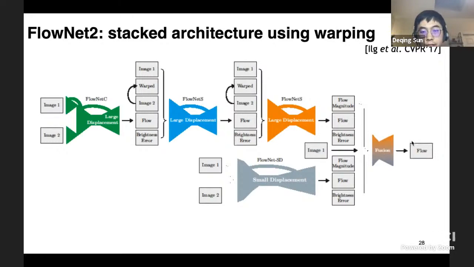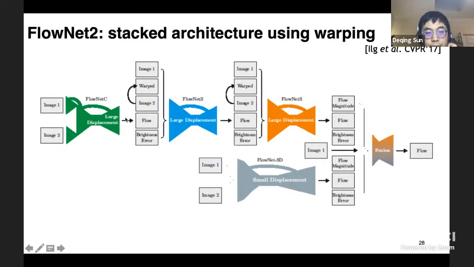And so the idea is to stack several basic networks into a bigger one, so that we can obtain a bigger capacity, so that we can better capture optical flow. Say the first one is the FlowNetC, the basic architecture.